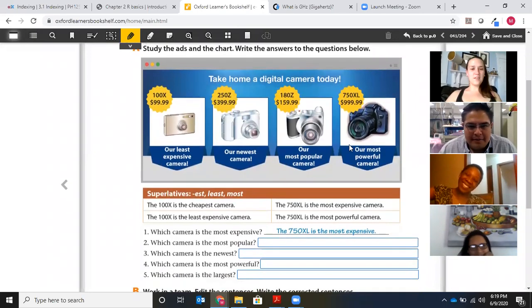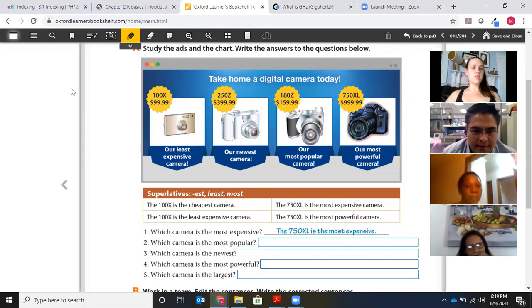Yeah. Perfect. All right. So here again, we're going to be looking at these digital cameras. Okay. So who would like to read these first two here? Okay. Luis, would you mind to read for me? Take home a digital camera today. Perfect.